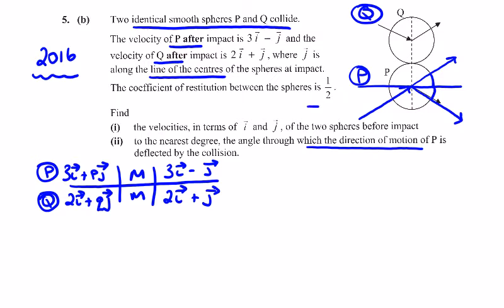We're given the coefficient of restitution to be a half. E is equal to a half.